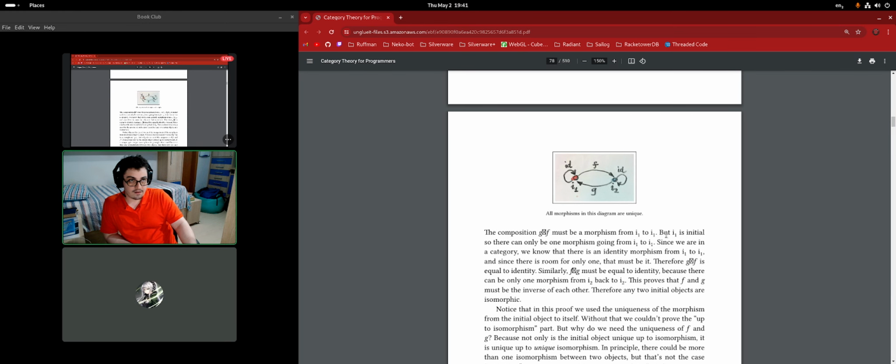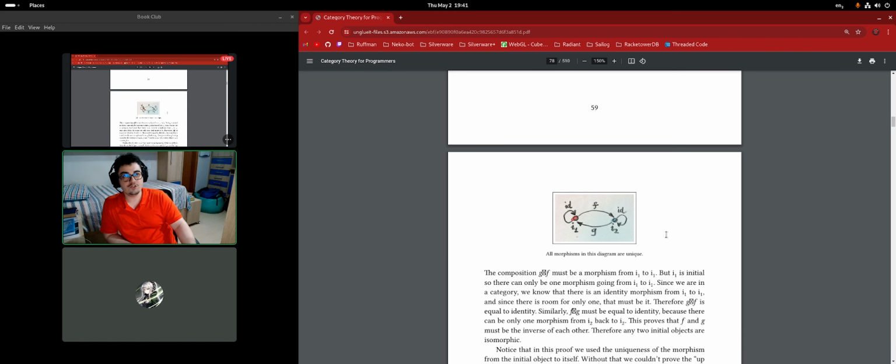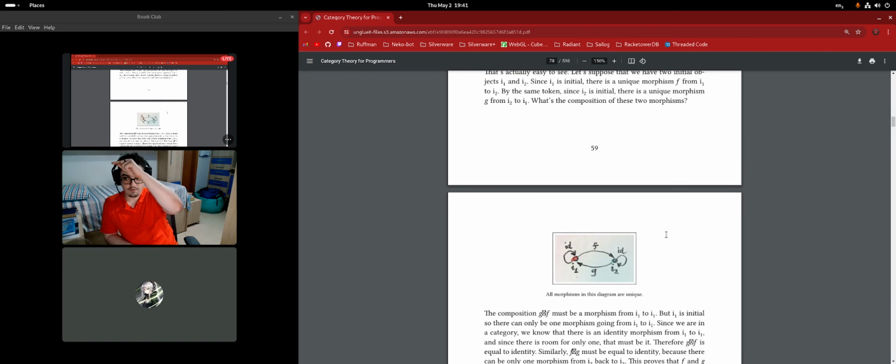Because if there are only two morphisms, one from 1 to 2 and 2 to 1, and we know that they compose an identity, that means that one must be the other, I think.